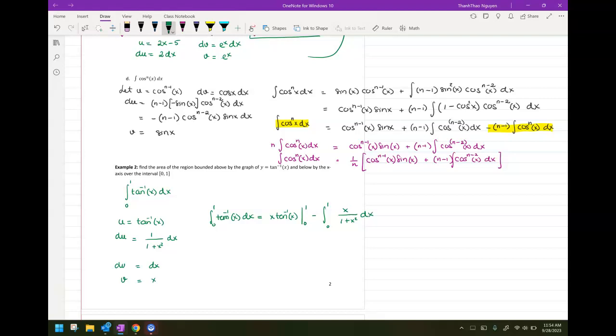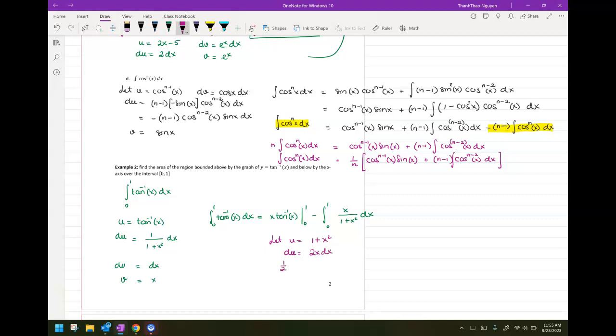I can solve this integral using substitution. I will let u equal 1 plus x squared. So then du equals 2x dx.